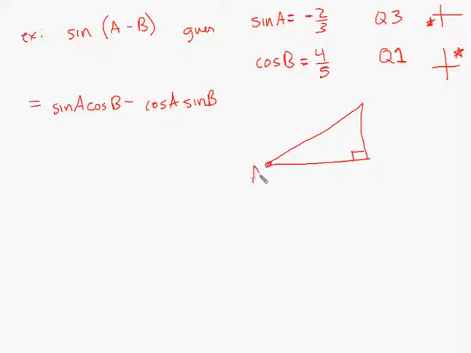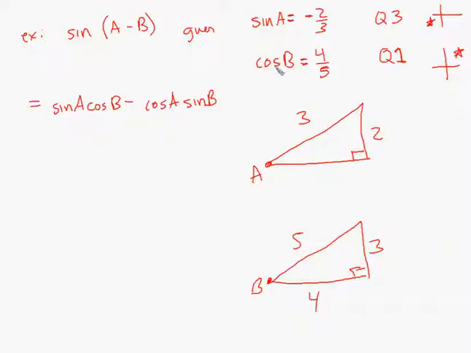I have triangle A, triangle B, and I don't need to worry about their orientation or anything like that, because it really doesn't matter. That's why I do this step. I just ask, okay, where are these angles at? So A is opposite over hypotenuse. B is adjacent over hypotenuse. This is that 3, 4, 5 triangle, so this is a 3, so we get that one pretty easy.